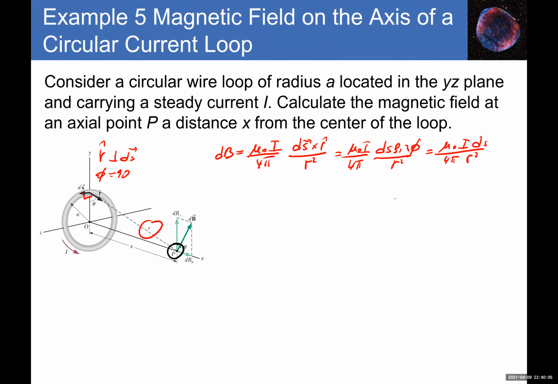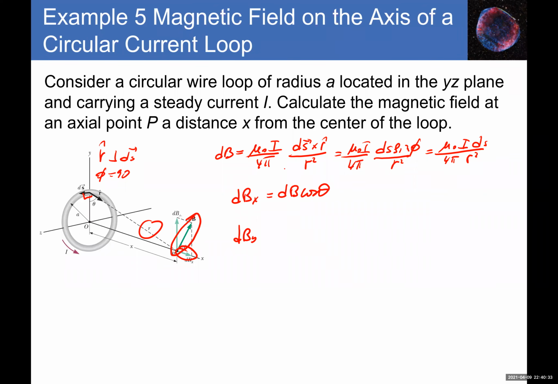The only thing here is that the magnetic field we get is this one right here, which means it has two components: there is dBx and there is dBy. The x component will then be dB cosine theta, because we're talking about this angle over here.